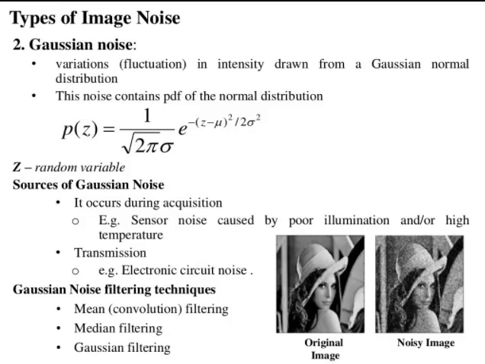Now let's see the sources of Gaussian noise and the ways to denoise it. Gaussian noise occurs during acquisition, like sensor noise caused by poor illumination or high temperature, and during transmission, for example electronic circuit noise.